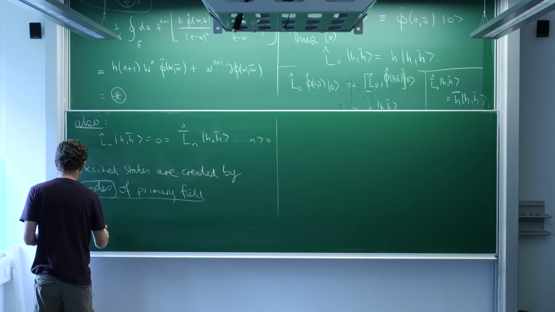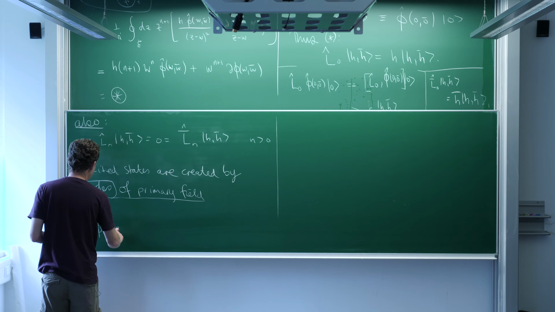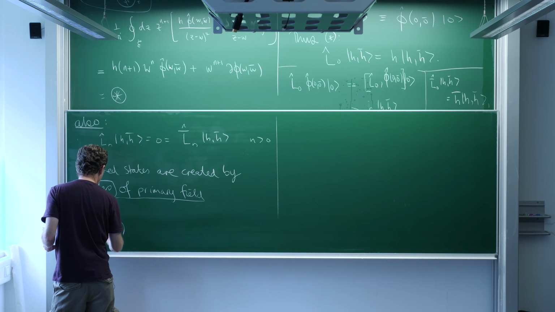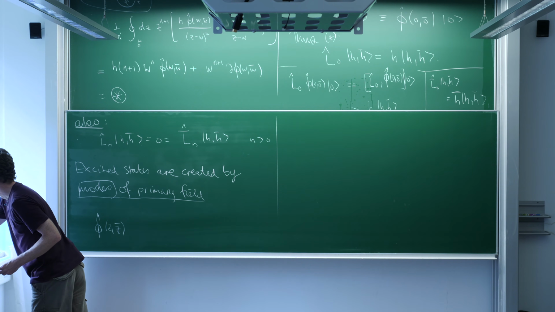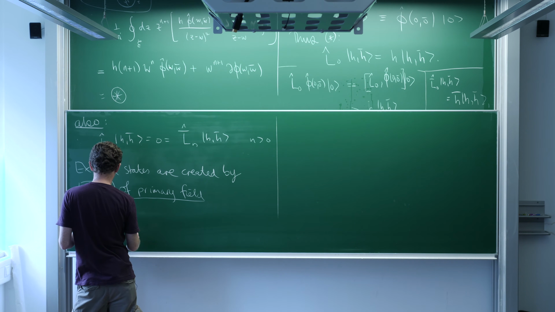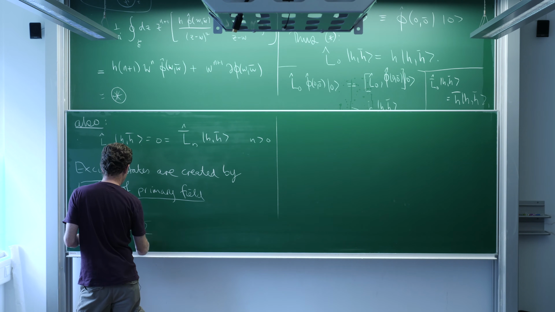So just like we did for the energy momentum tensor, we can express any primary field in terms of a Laurent series or a Fourier series, depending on what language you prefer.